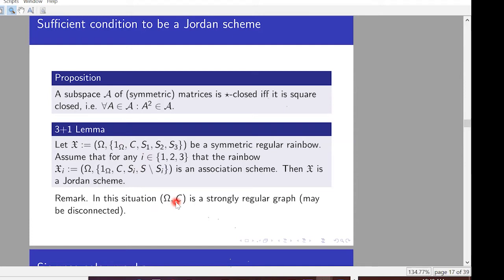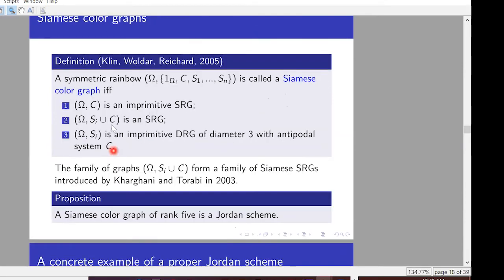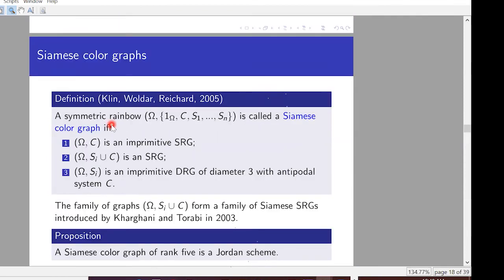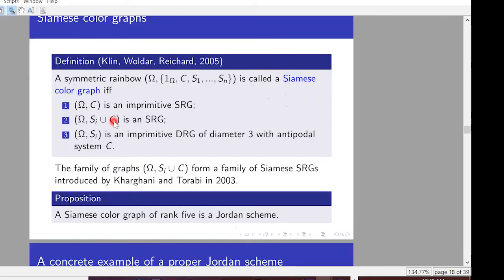Now I'm going to show you one particular case of this coloring, which comes from so-called Siamese color graphs. Siamese color graphs were introduced by Klin, Woldar, and Reichard in 2005. And here is a definition. You have a coloring which is symmetric.